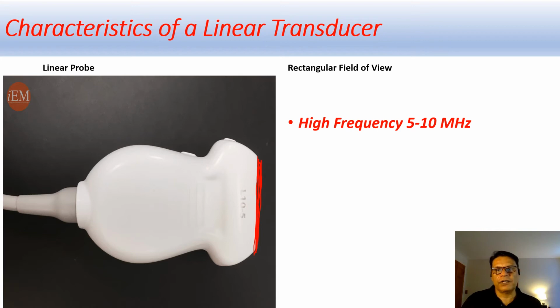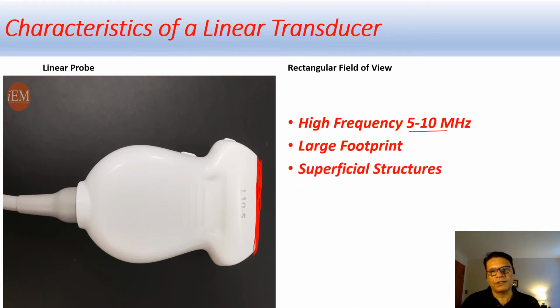These probes are usually high frequency, ranging between 5 to 10 megahertz, and they have a large footprint. As they have high frequency, and frequency and penetration have an indirect relationship: when frequency increases, penetration decreases.